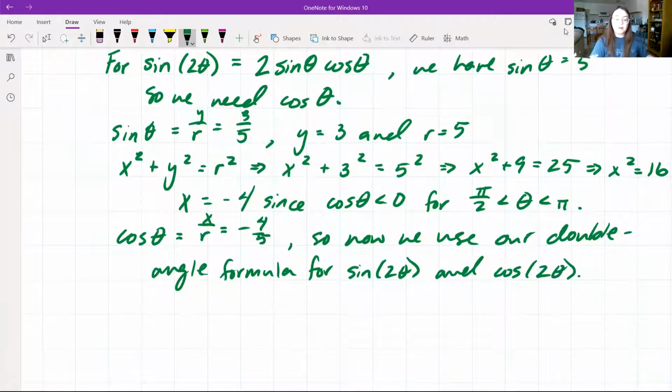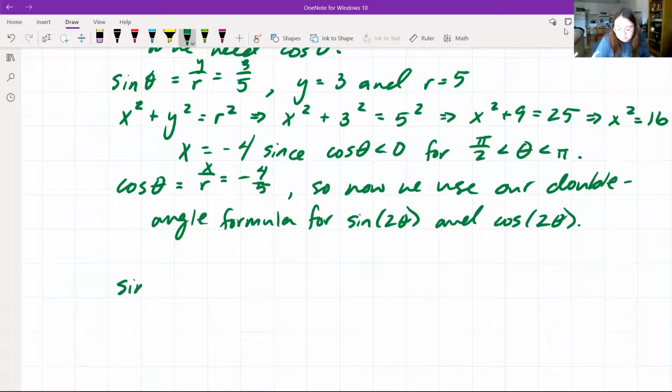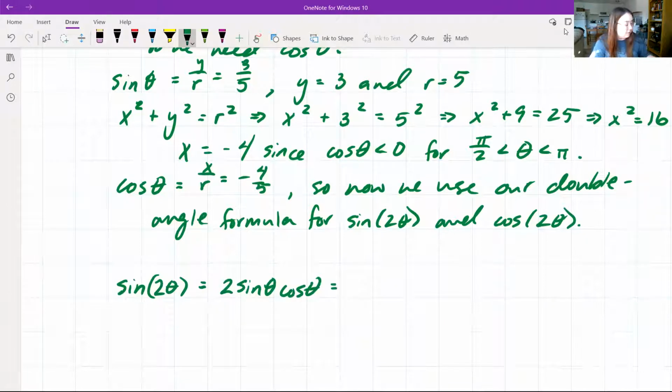So let's start with sine of 2 theta. So sine of 2 theta is equal to 2 sine of theta times cosine of theta, which means that this is going to be 2 times 3 over 5 times negative 4 over 5.